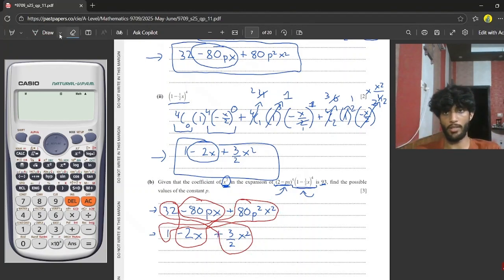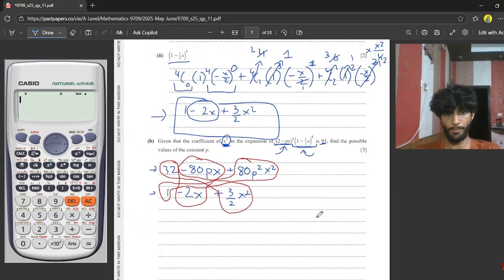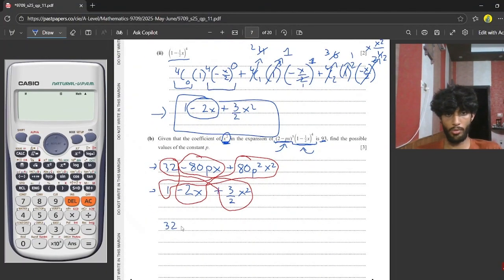So don't do this. Instead, what we are going to get is 32 times 3 by 2 x squared, and then plus negative 2x times negative 80px. Instead, I'm just going to represent this multiplication sign with a dot, because otherwise it's going to be a little confusing. And then plus 1 times 80p squared x squared.